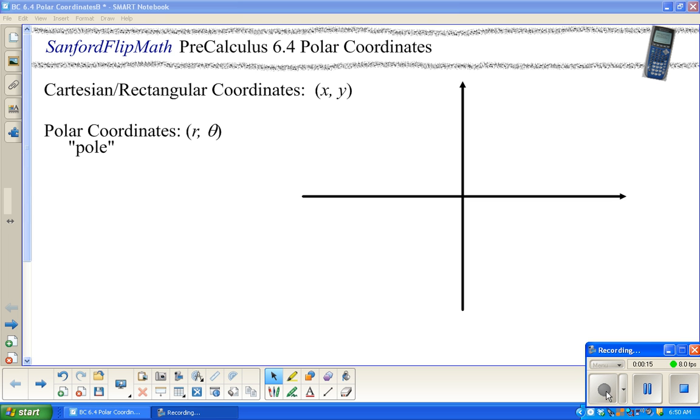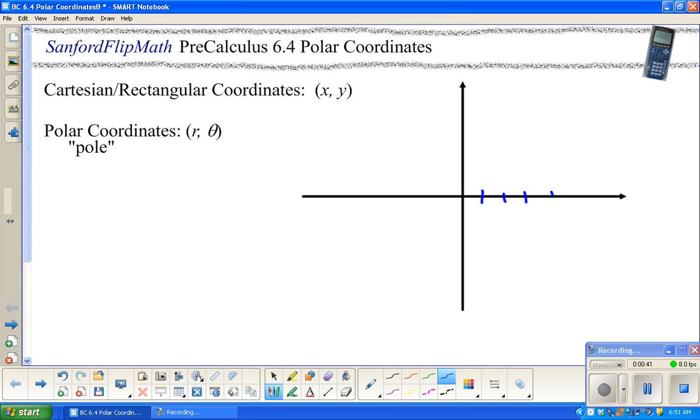This is 6.4. We're going to work with polar coordinates, which identify locations in a graph in a way very different from how you are used to identifying locations on the flat surface. You are used to Cartesian, named for Descartes, or rectangular coordinates, where x is the distance to the left or right, and y is the distance up or down.